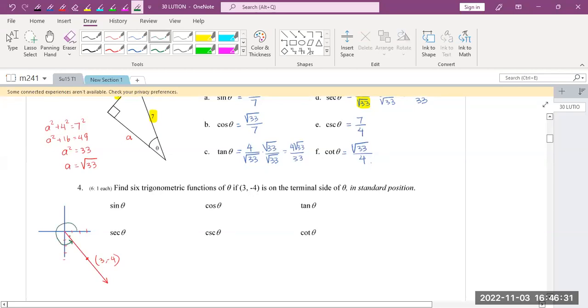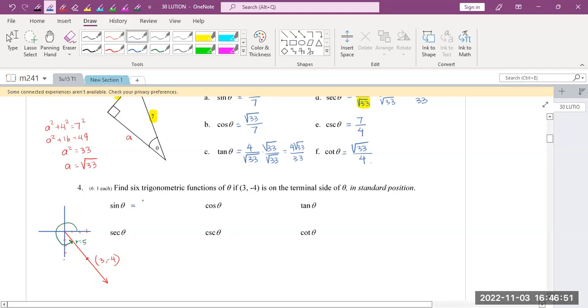Now what is the radius then? 3, 4, then r equals 5, right? Just use the Pythagorean theorem. X equals 3, y equals negative 4, then by Pythagorean triple, you know r is 5, right? Now from there we go on.